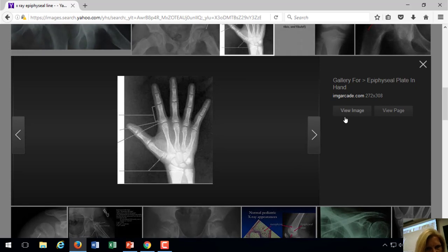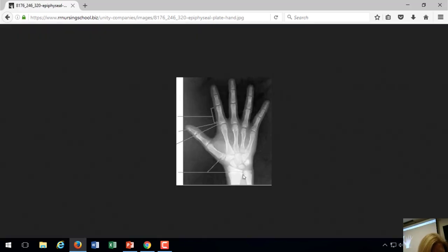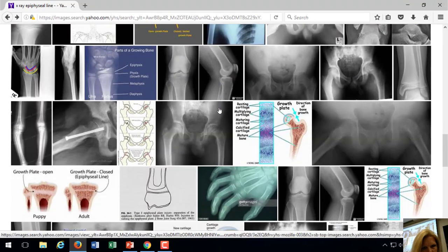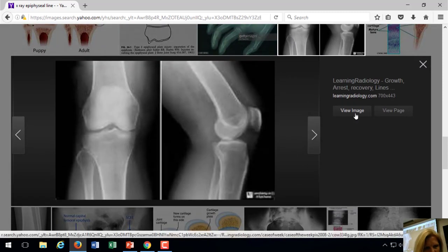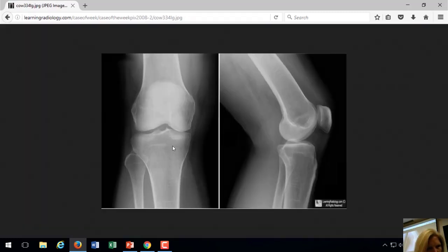That one looks like a little bit of a plate left there. But you get the point that it's pretty much done growing. Here again, I'm not seeing a real visible plate. I'm seeing a line. I see a line here and I see a line here. So this bone is done growing.